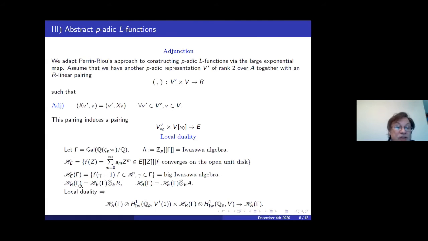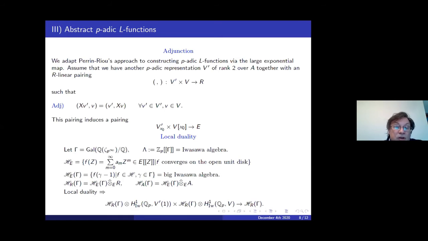We also will consider the extensions by completed tensor product of this big Iwasawa algebra over E to R and A.